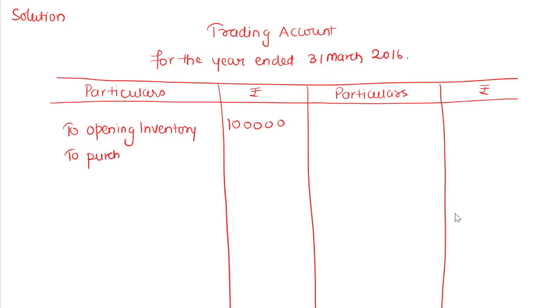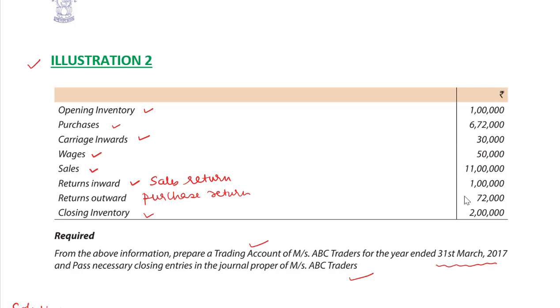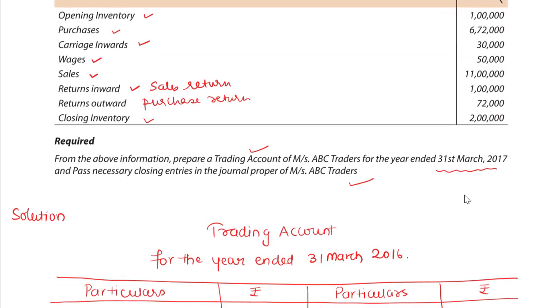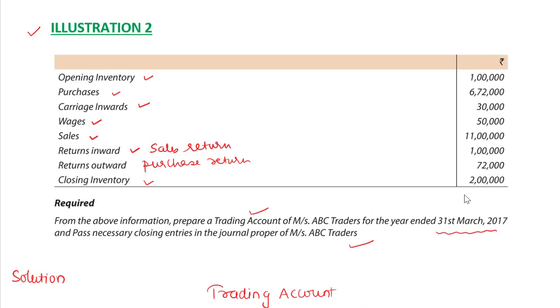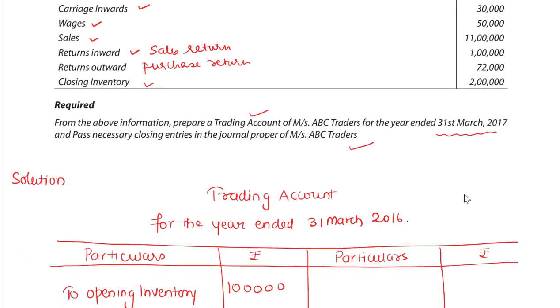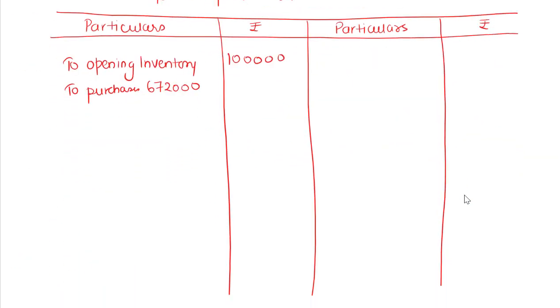To purchases, 6,72,000. Carriage inward 30,000. It's a direct expense, it will come over here. To carriage inward 30,000.